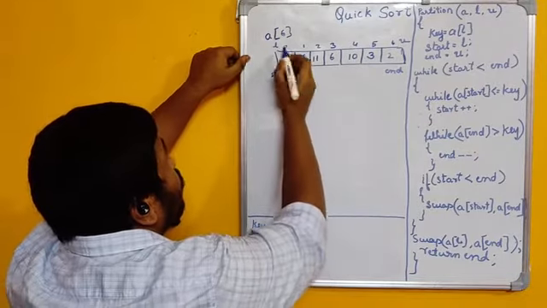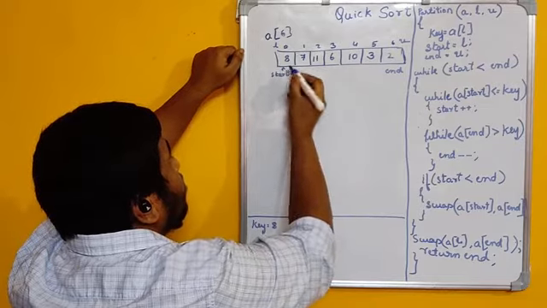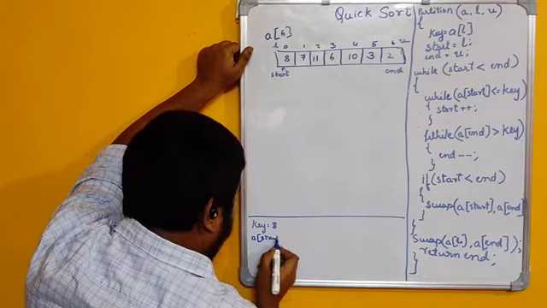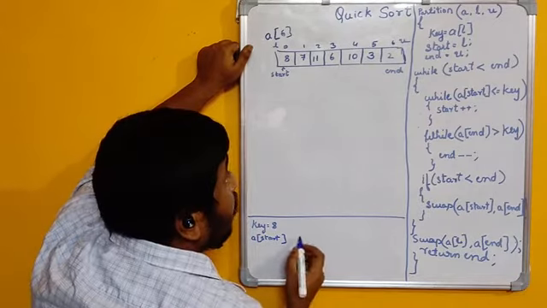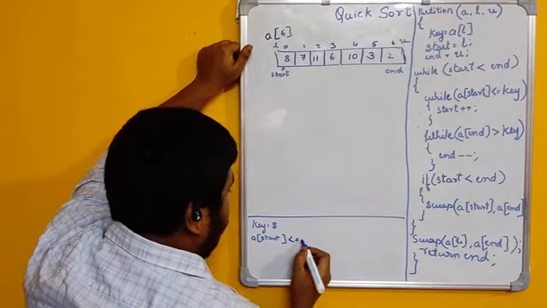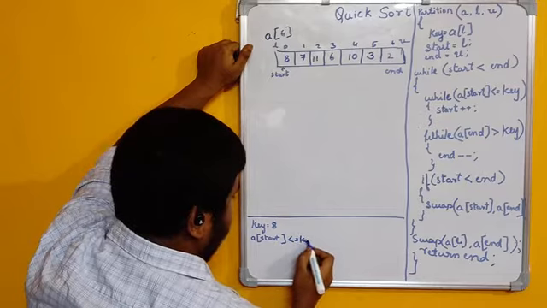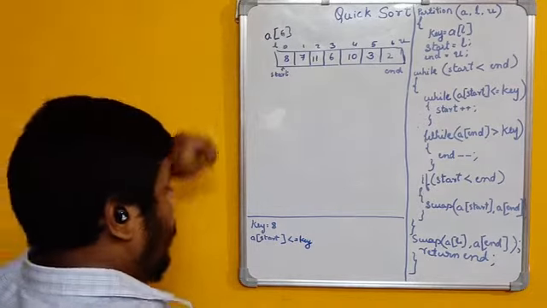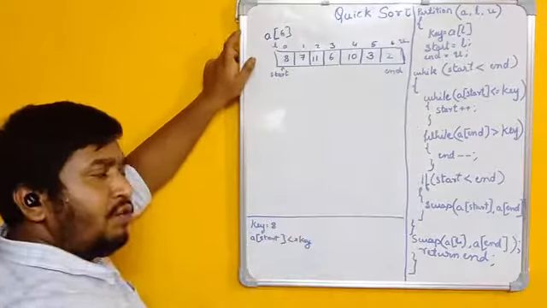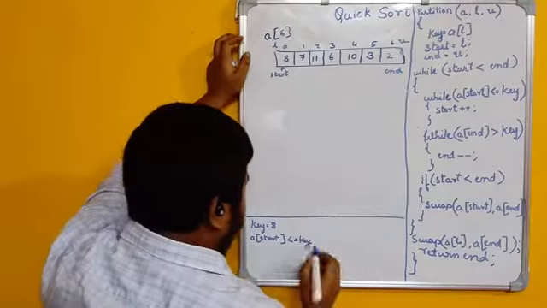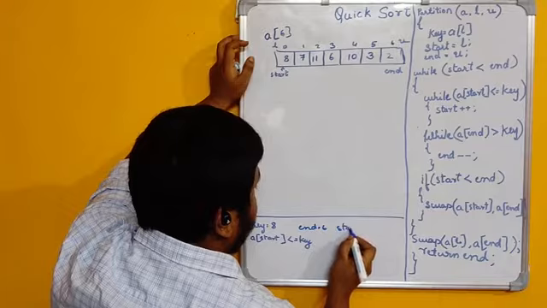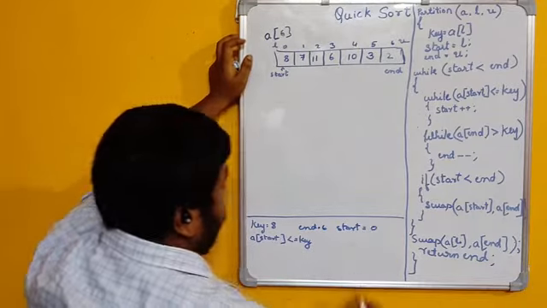Now start is pointing to index 0. Before that we'll check start is less than or equal to end. Yes, start is less than end, because start is 0 and end is equal to 6.